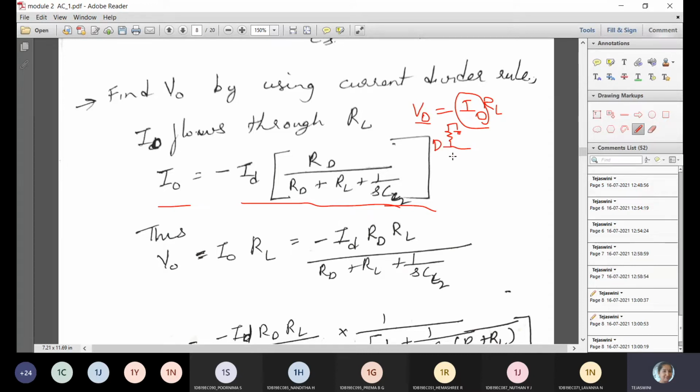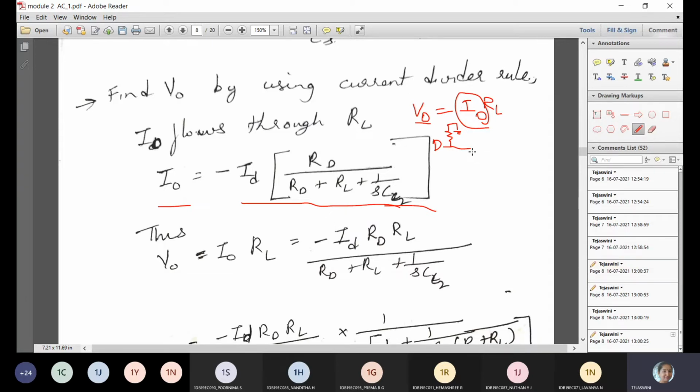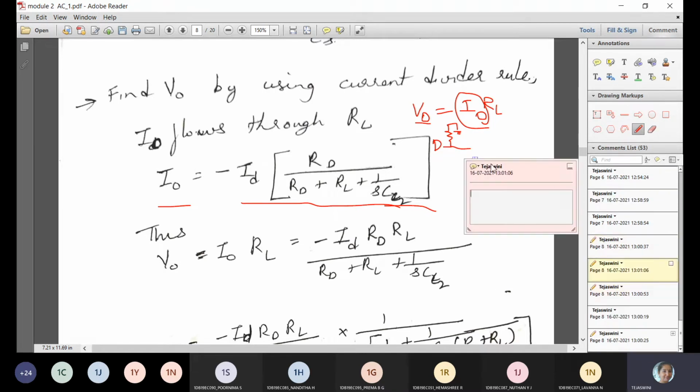This is the drain terminal, and here, try to adjust the circuit, you have a load resistor RL, and in between you have a capacitor.